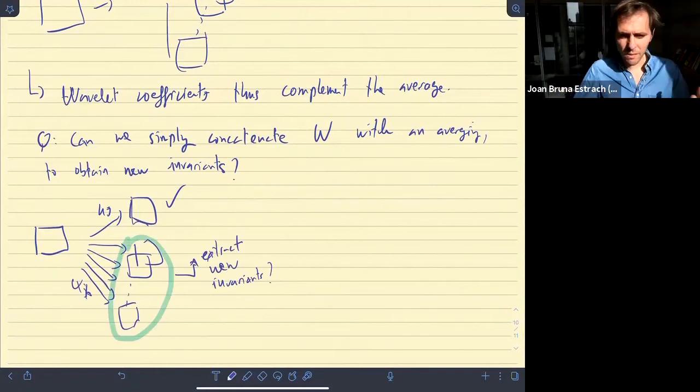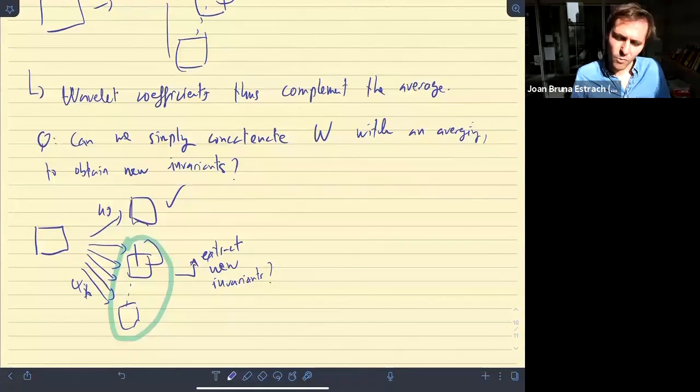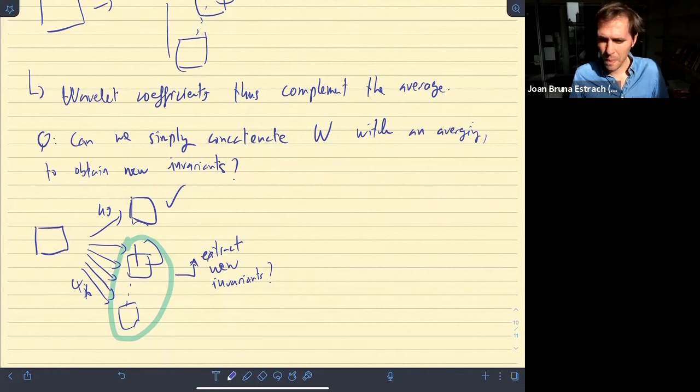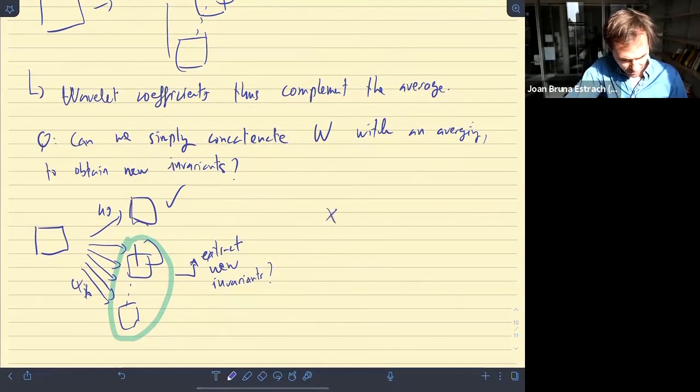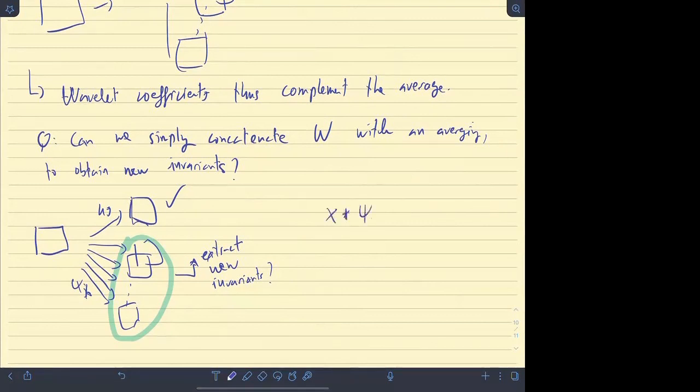Can we simply just pass them to our low pass filter to get stable? What do you think? So in other words, if I have X, you keep the high frequencies again, no?